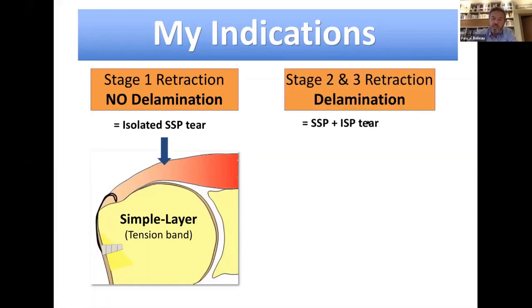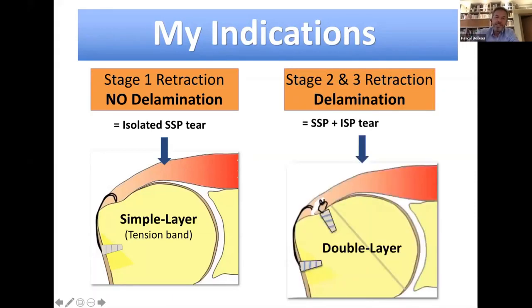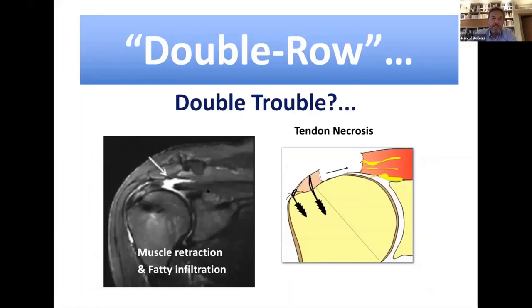Now, if it's a larger tear, stage 2 or 3 retracted tear, and there is a big delamination of the supra and infraspinatus tear, what I do is the double layer. I have quit doing the suture bridge. And the reason I do this is because I have observed too many problems with the double row repair, with the suture bridge repair, with necrosis medially, and more importantly, fat infiltration, atrophy of the muscle, upward migration of the head, and no way to be able to solve this with a conservative surgery.